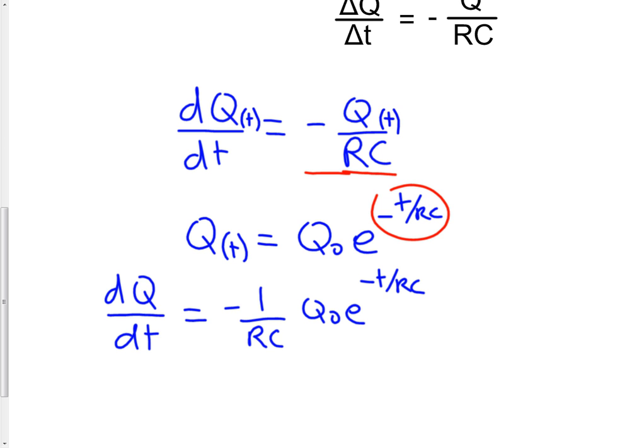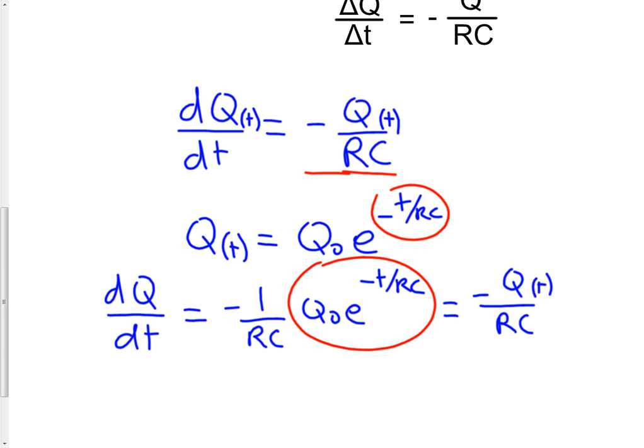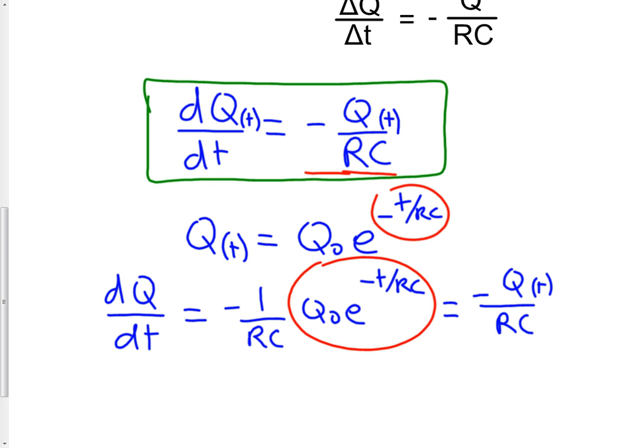Now this bit here is none other than q of t, so this is minus q over RC, which is exactly what we wanted. That's what we were trying to show in the first place up here. So we found a function that when you differentiate it, it gives itself times minus 1 over RC.